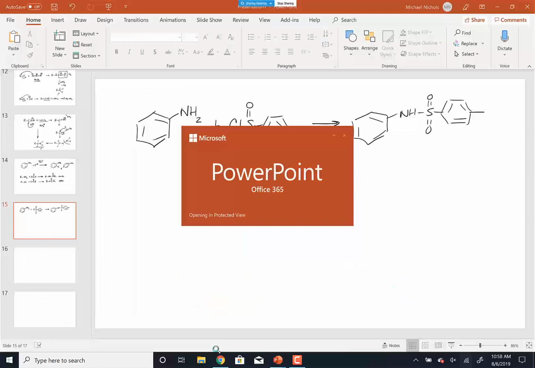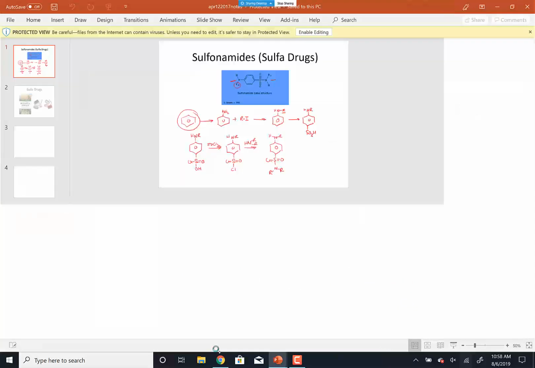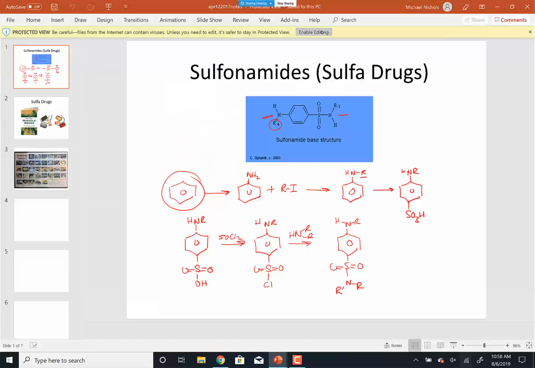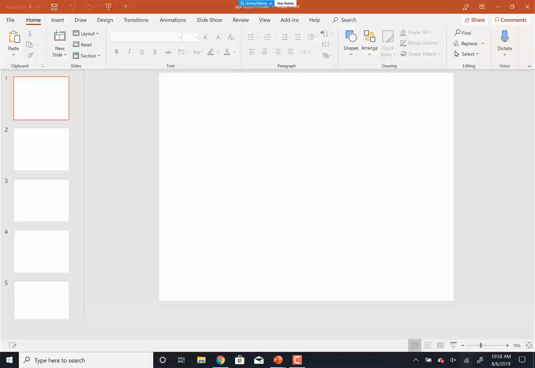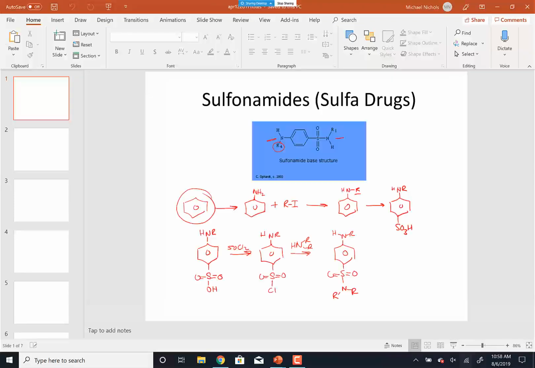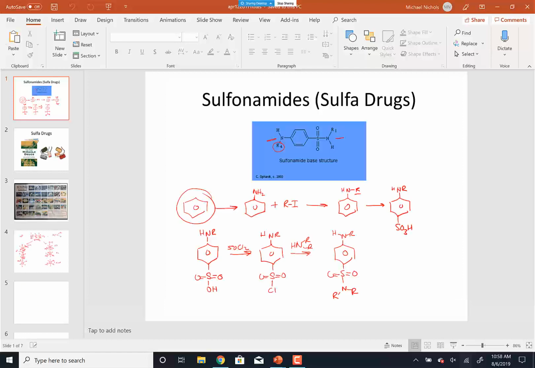And so the generic structure of a sulfa drug looks like this. And this is in today's folder. But I just want to show you this. This is the overall classification here of a sulfa drug. Let me go into slideshow mode.